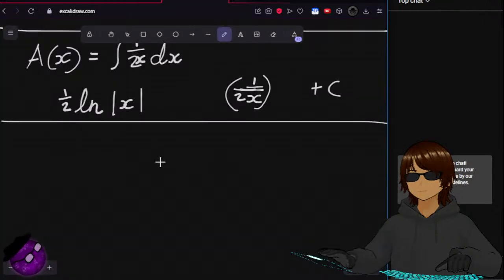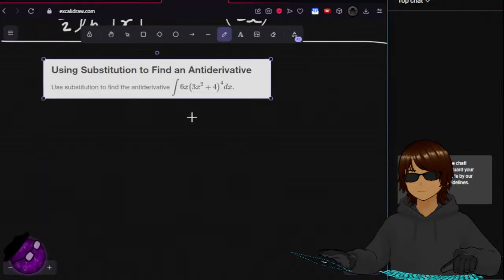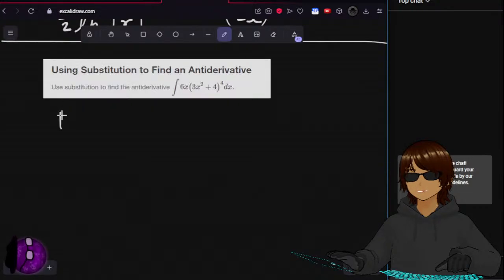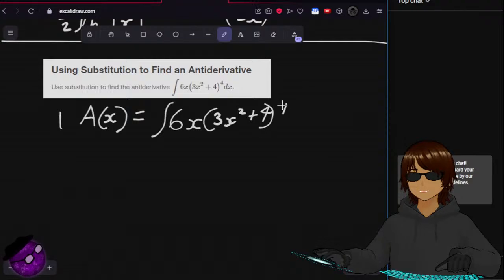Let's see. So the antiderivative of 6x times (3x squared plus 4) to the power of 4 dx.